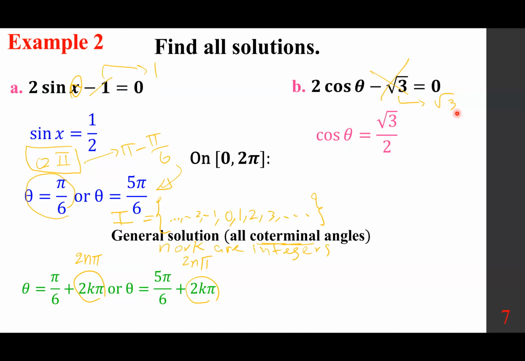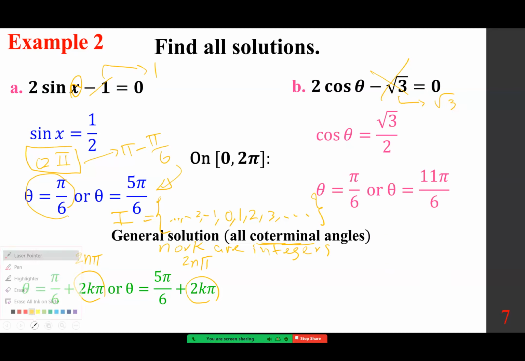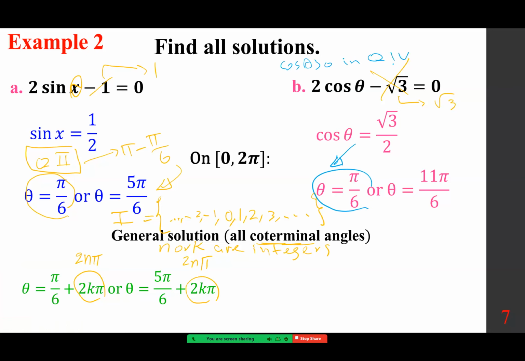Now, how do we get the second one, which is 11 pi over 6? I want to show you that one. So when you see that, you should know that cosine is positive also in the fourth quadrant.